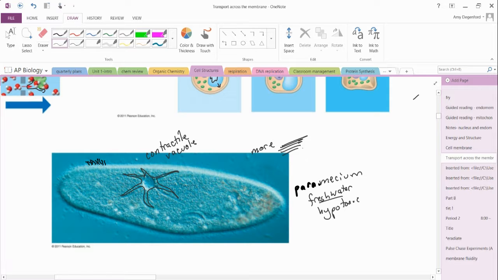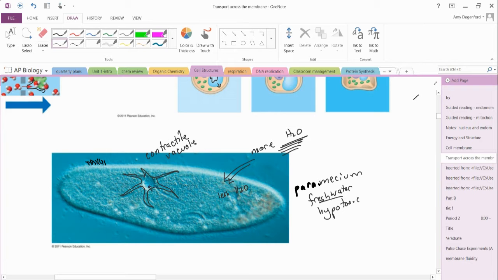So there's more water on the outside in a hypotonic, and there's less water on the inside. And so think about what's happening. That means the cell is going to gain water because the water is going to move in according to diffusion. Now that means the cell could potentially burst. The cell membranes could burst.